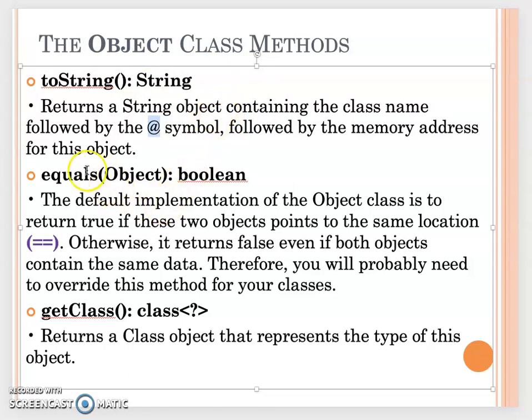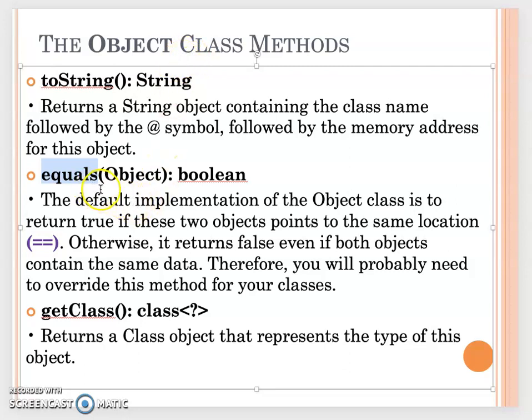Then the second one I want to show you is the equals method. We know about that from the String, right? When we compare two strings, remember I told you if we want to compare the string content, you need to use the String dot equals method. Actually this equals method came from our Object class.